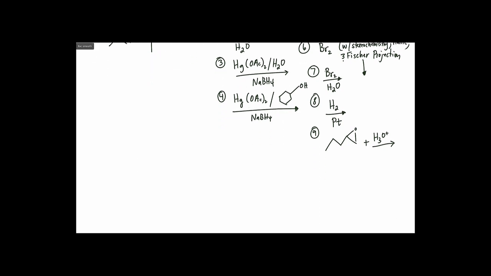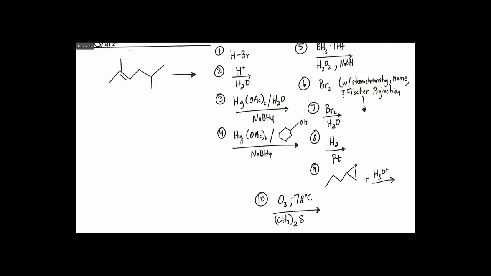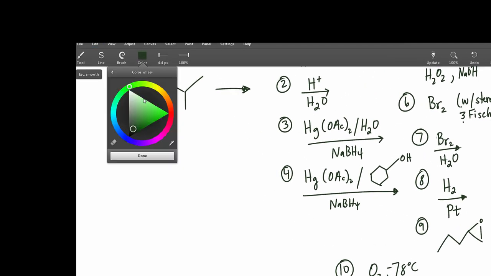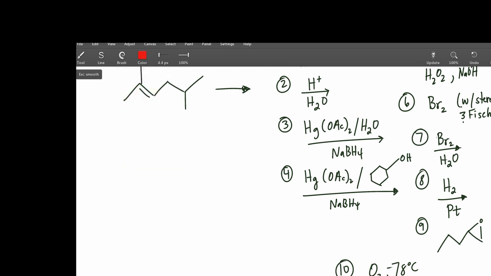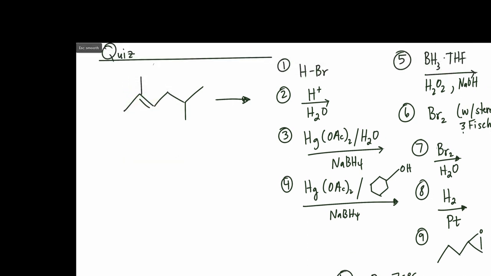And then number 10, I want you to take O3, ozonolysis, minus 78 degrees Celsius, (CH3)2S. So above here, this is going to be your first alkene.